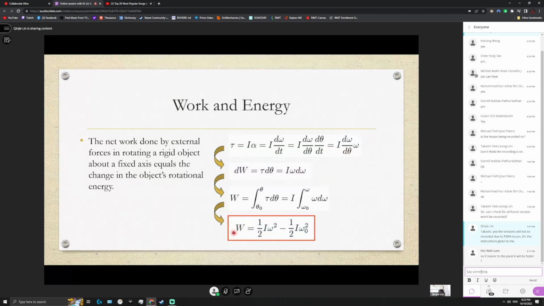The work done, the energy you give to something, must equal the final rotational kinetic energy minus the initial rotational kinetic energy. This is just conservation of energy: final energy minus initial energy. Last time it was half mv squared. Now we are talking about rotations, that's why it's half I omega squared.